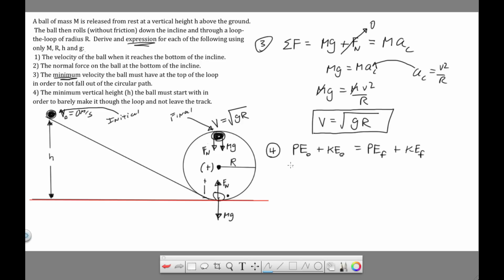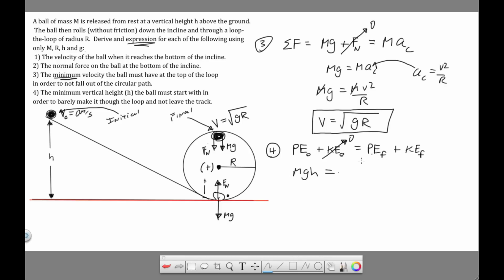Okay, so potential energy initial, we have it. The ball starts above the 0 point. Kinetic initial, we do not have it because the ball starts at rest. Over here, up at the top of the loop is our final. We do have potential energy because the ball is above the 0 point, and we do have kinetic energy because the ball is in motion. So potential energy initial is going to be mgh.